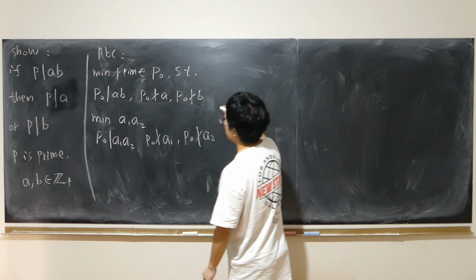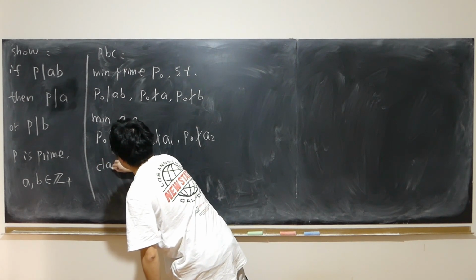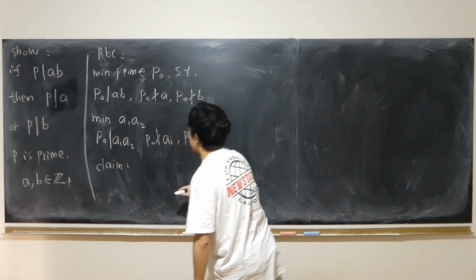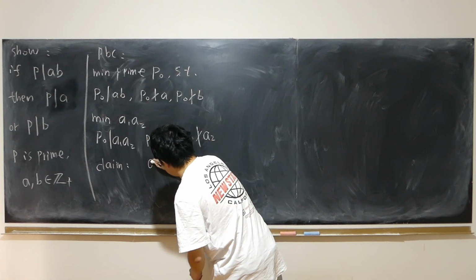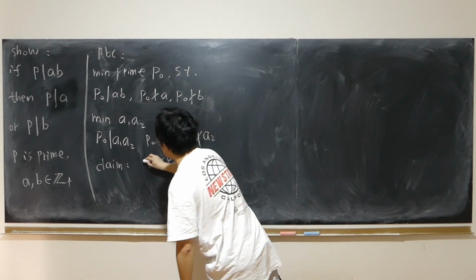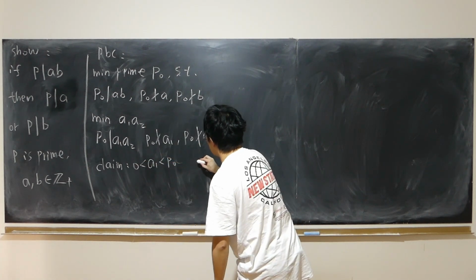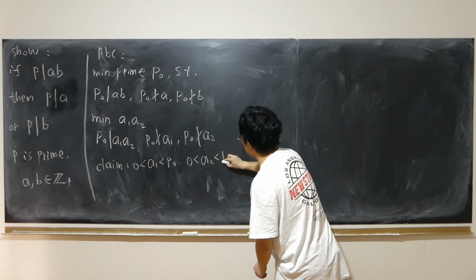If that's the case, I'm going to make the following claim: A1 has to be smaller than P naught, and of course bigger than 0. And at the same time, A2 is bigger than 0 and smaller than P naught.